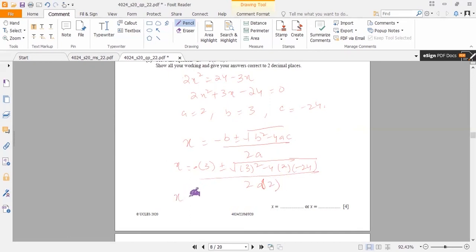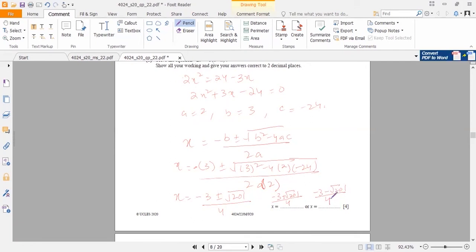So let me solve this. Minus 3 will remain as it is, and after solving this root, the result will be 201, root 201 upon 4. So the final values will be minus 3 plus root 201 upon 4, and the next value is minus 3 minus root 201 upon 4.